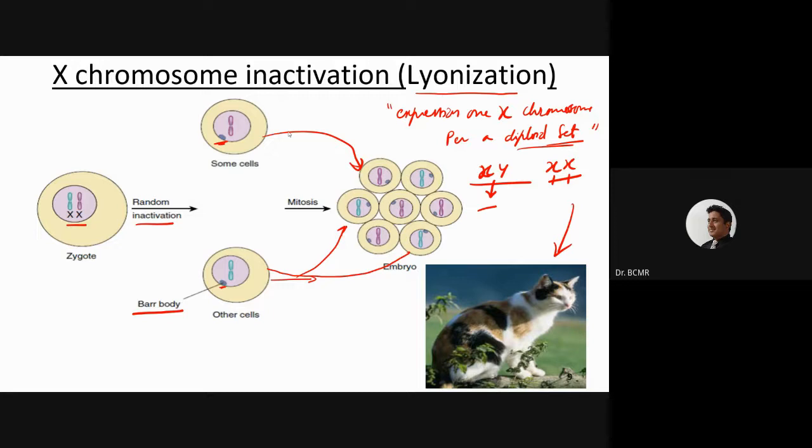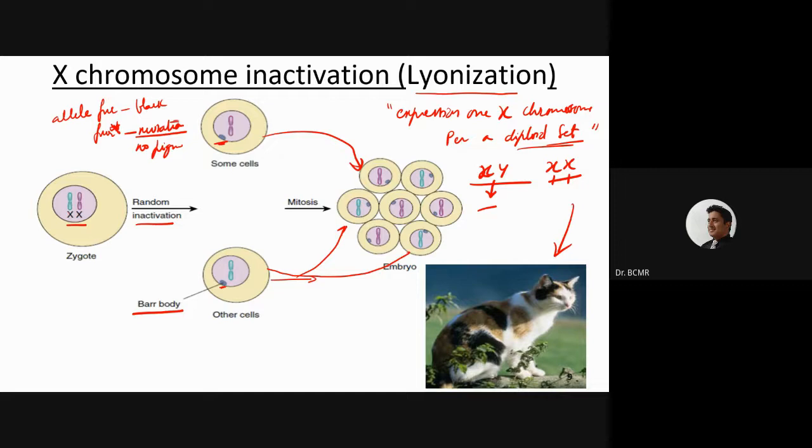Now, what happens eventually in this particular cat variety is that there is an allele for coat color or fur color. One of them is for, say, black pigmentation, and the other one, I'll mark with a star, is mutated, so it does not produce any pigment.